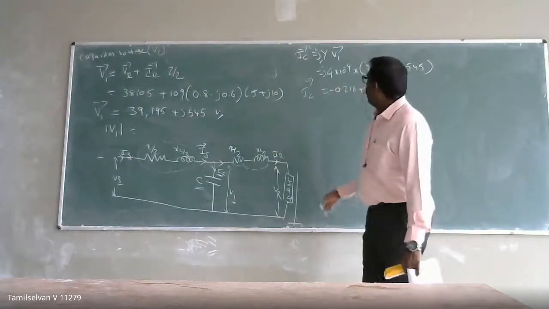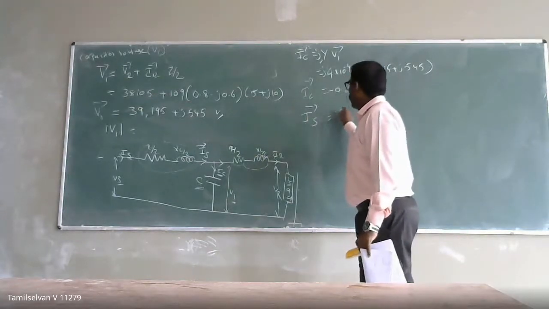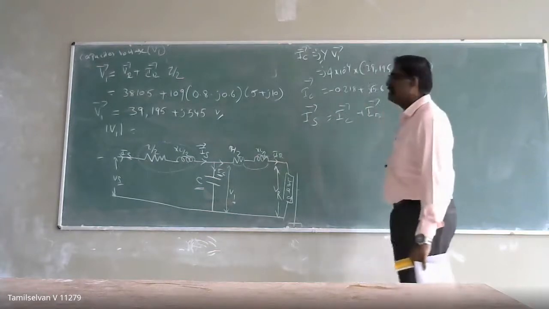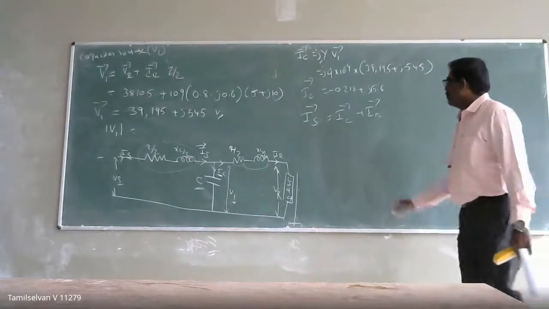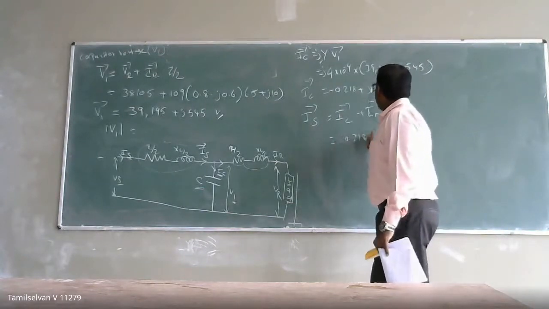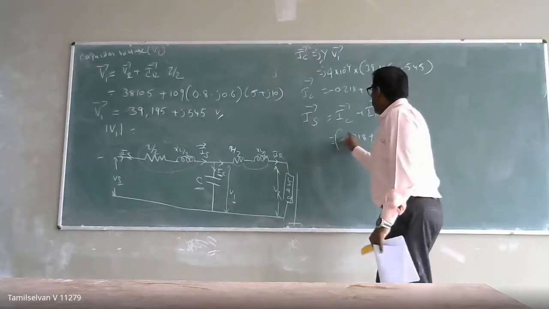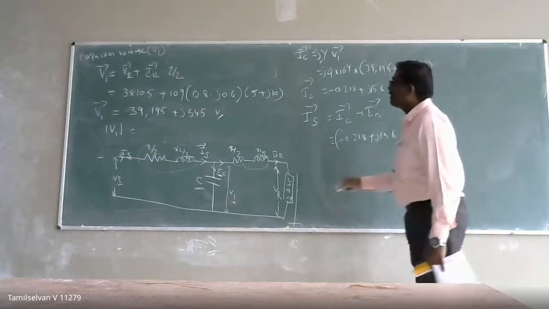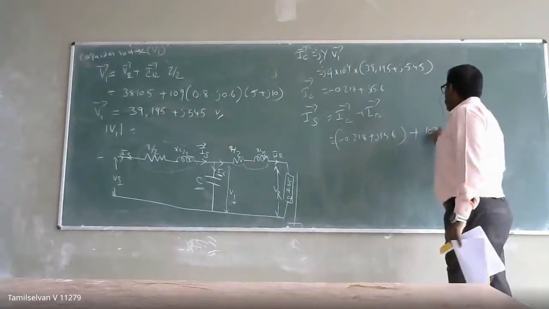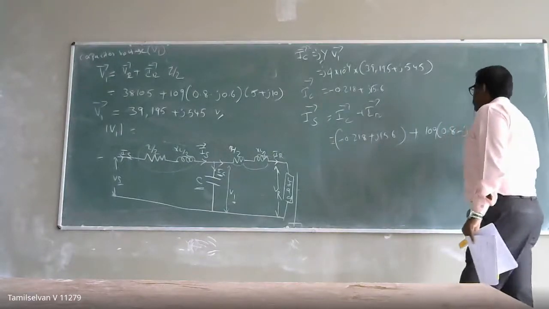The IS vector will be equal to the IC vector plus the IR vector. The IC vector is minus 0.218 plus j15.6, plus the IR vector, 109 into 0.8 minus j0.6.